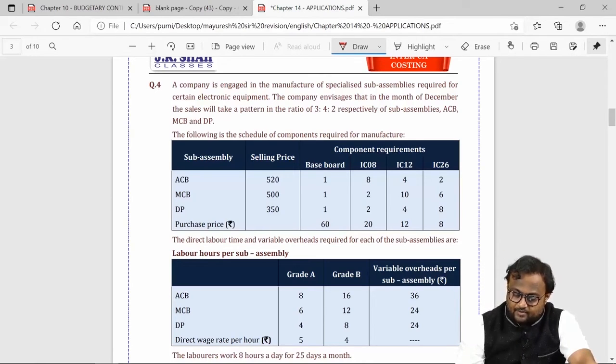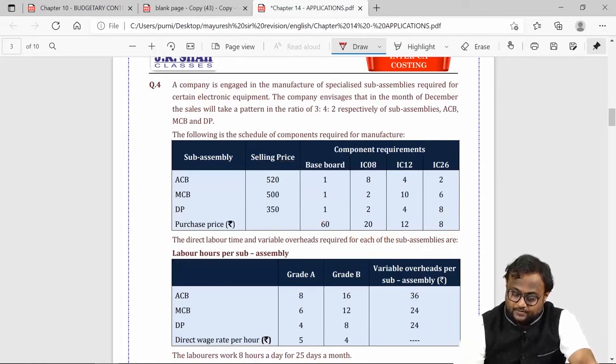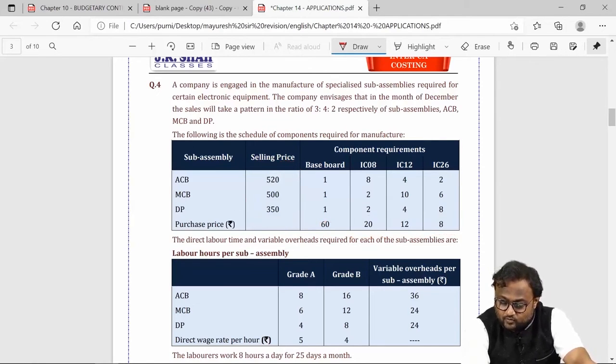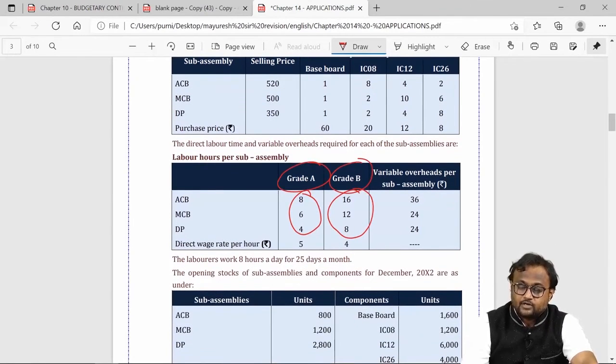We also had selling price available, and we were also given material prices. The direct labor time and variable overheads information was as follows. We had number of hours of 2 categories of workers, grade A, grade B. Number of hours, if you multiply by the rate, you get labor cost.